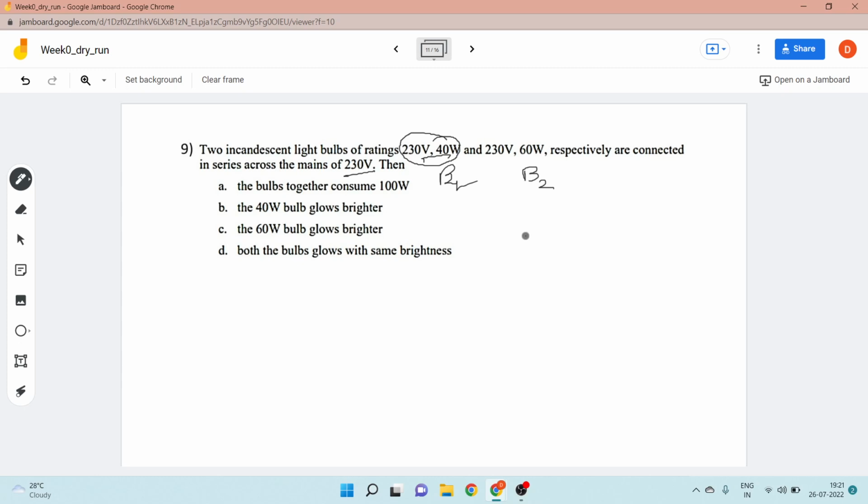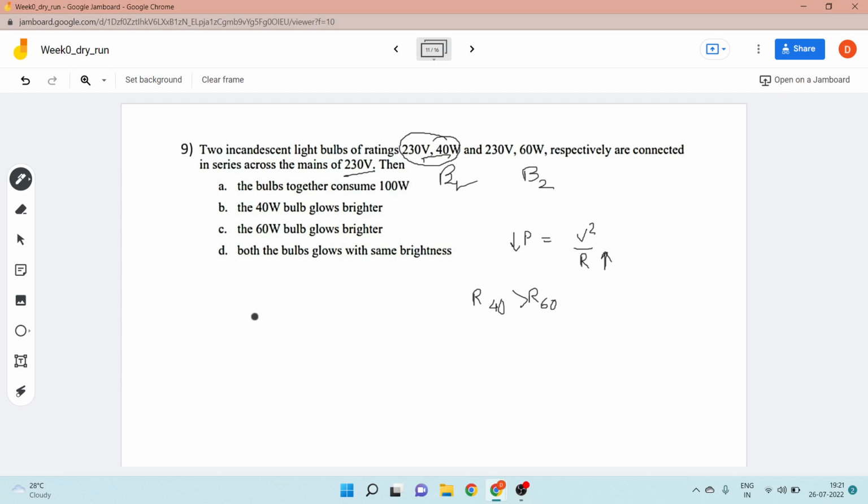Because the power rating of the bulb is given by V square by R. Now, if P is smaller, since the V for both the bulbs is same, the R will be higher. So resistance across the 40 watt bulb will be greater than resistance across the 60 watt bulb, right?